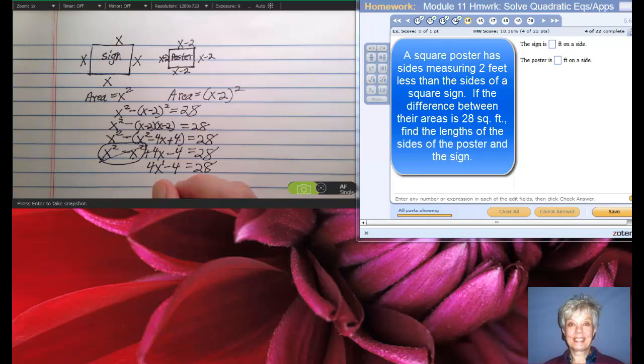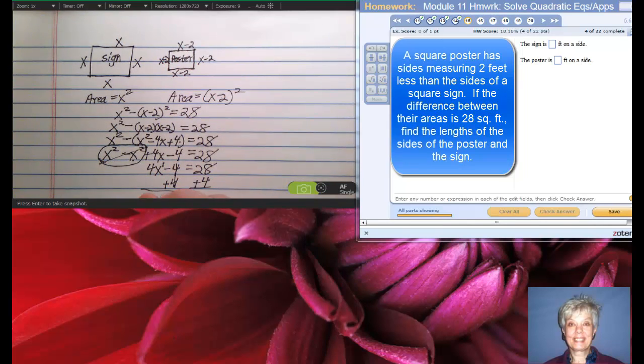So instead, I'm just going to solve this like a normal equation, add 4 to both sides. I'll get 4x equals 32, and divide by 4, x will equal 8.